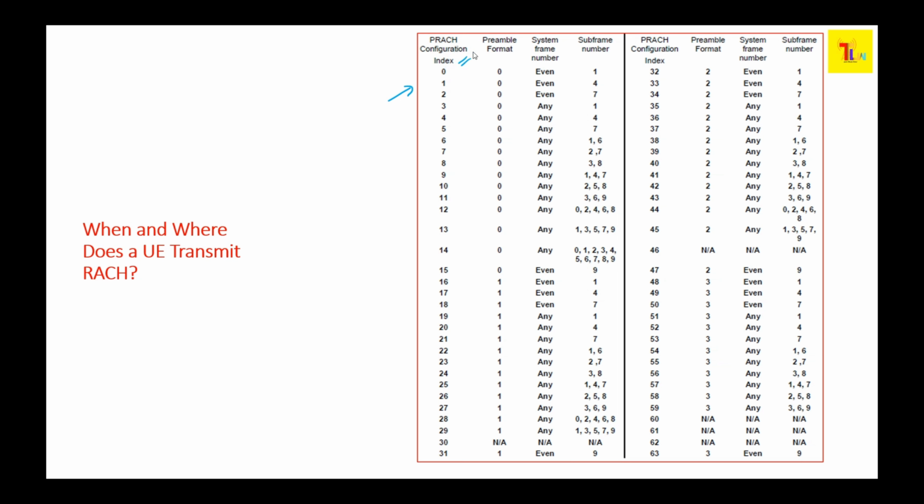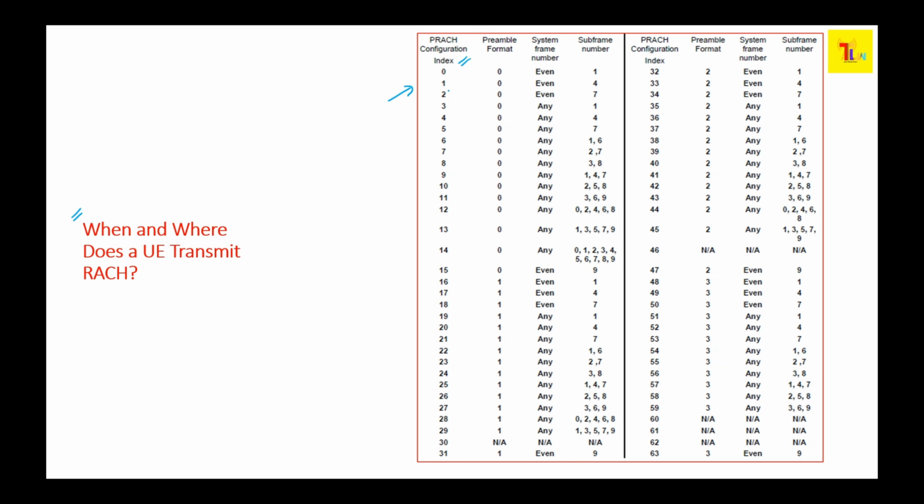We will understand these two things, which will give you the answer about when and where exactly a UE transmits the RACH. There are 64 PRACH configuration indexes defined as per 3GPP, from 0 to 63, and we will take one example to understand how exactly you can read this.